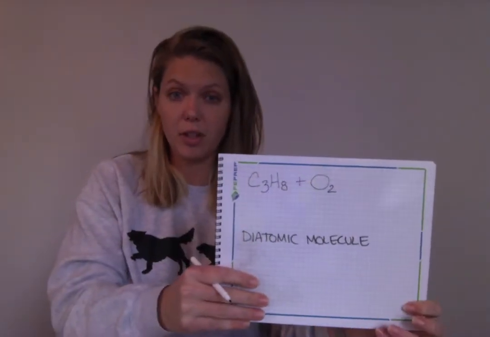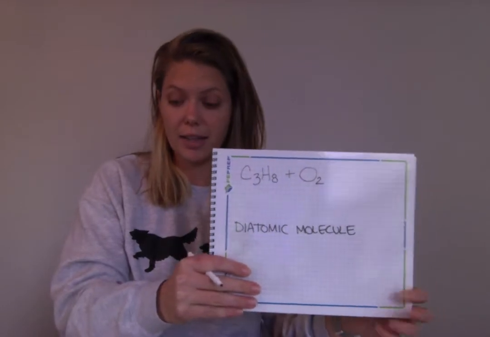There are 7 different elements on the periodic table that are diatomic. They are hydrogen, nitrogen, oxygen, fluorine, chlorine, bromine, and iodine.